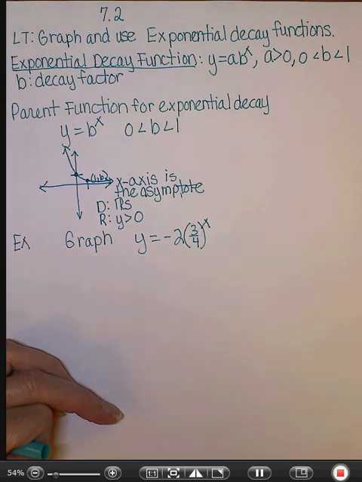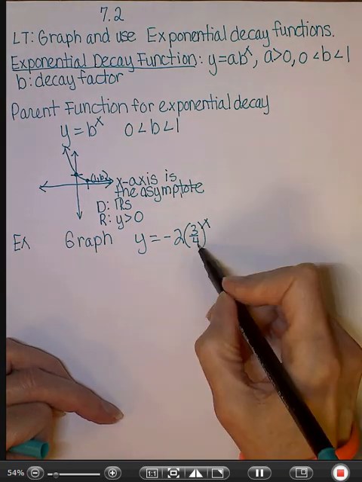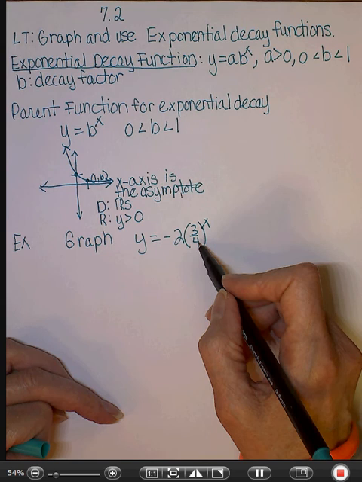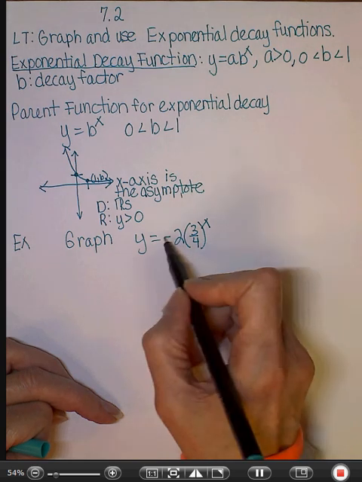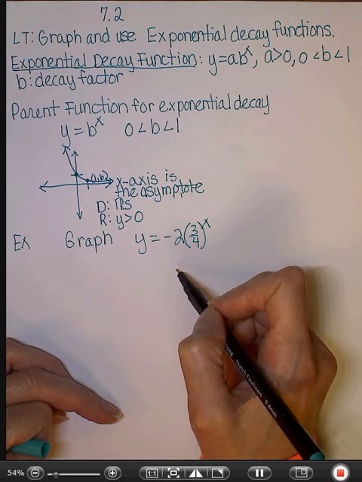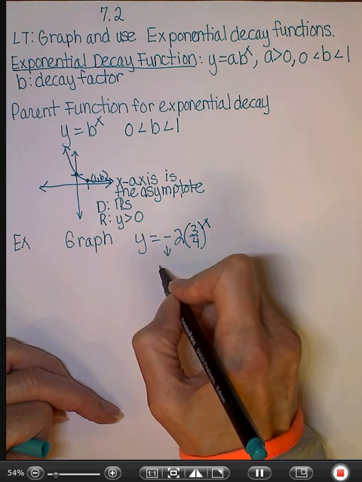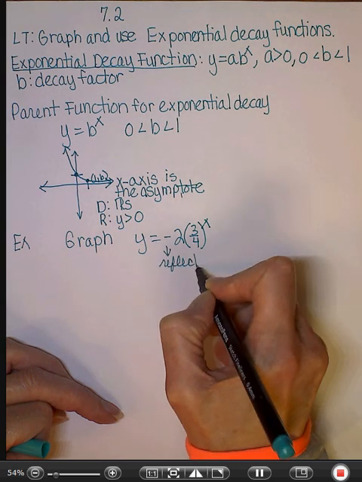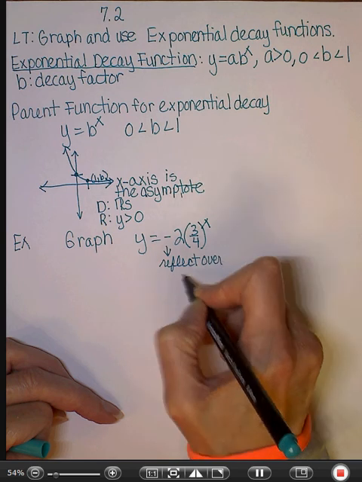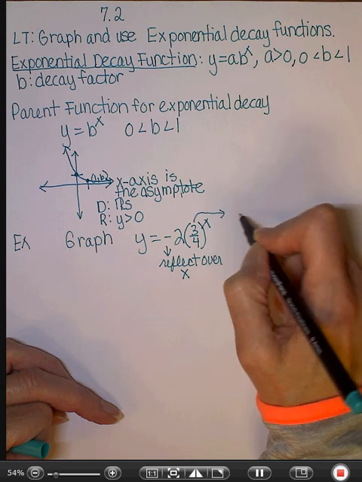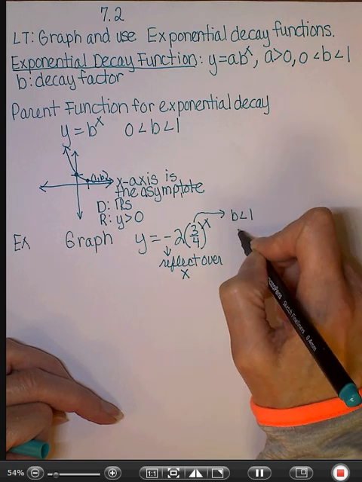You'll notice that the b value is showing decay because this number is less than 1. So that's how you know it's decay. Now this negative sign is going to reflect it over the x-axis too. And this b value is less than 1, so we know it's decay.